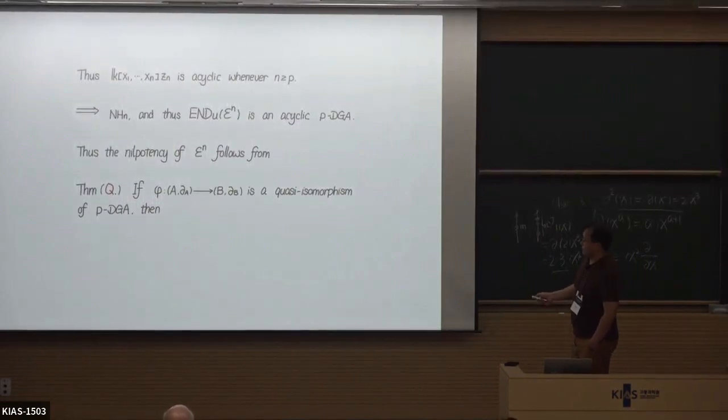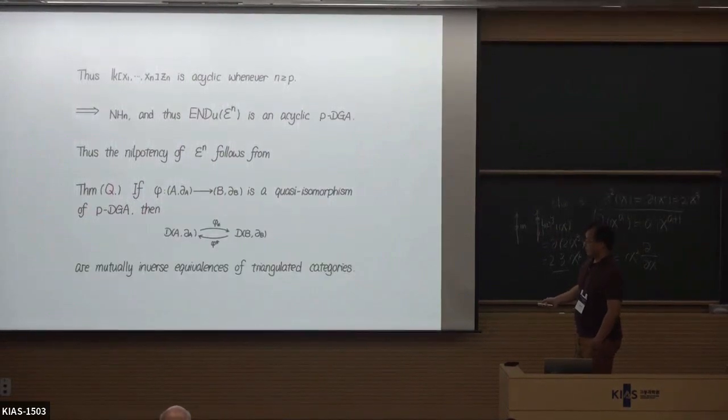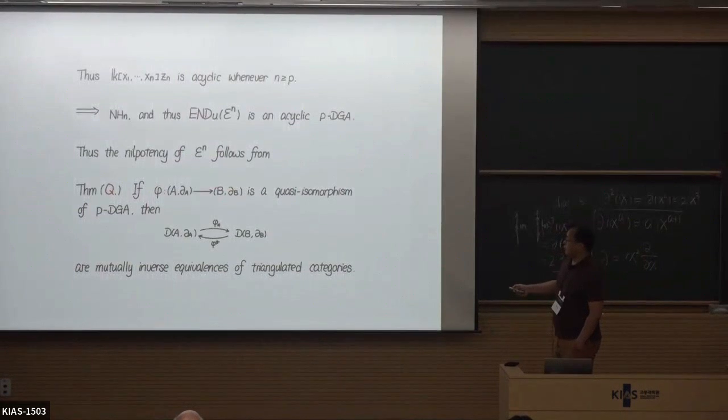If you have a quasi-isomorphism of PDG algebras, then the restriction and induction functors induce mutually inverse equivalences of the derived categories, as triangulated categories. In particular, if you have a cyclic DG algebra, the inclusion of 0 is a quasi-isomorphism. So the category just collapses, and the Grothendieck group is 0.